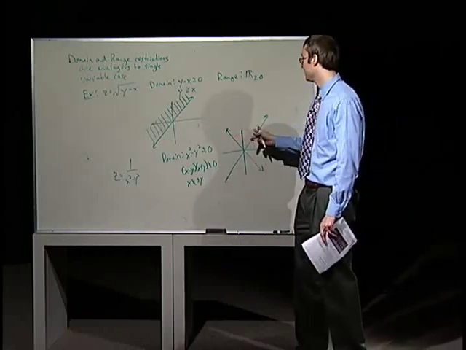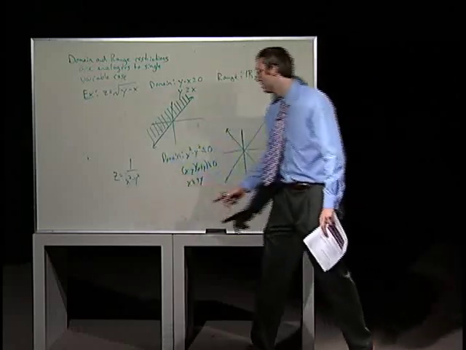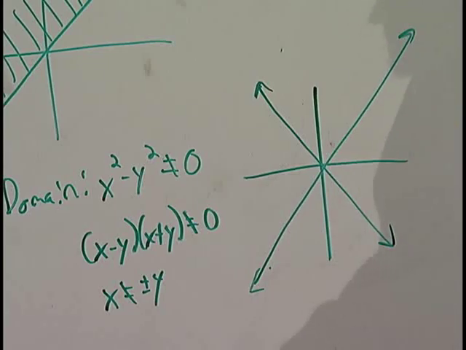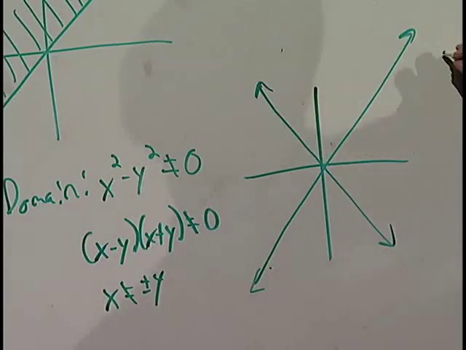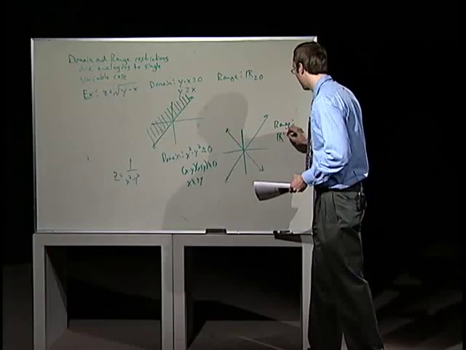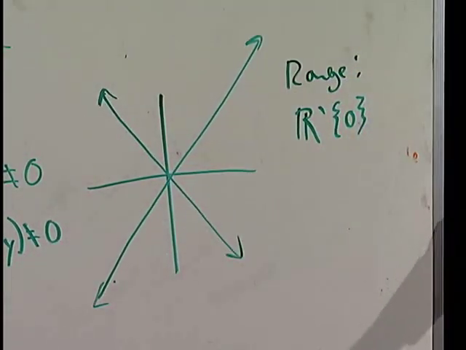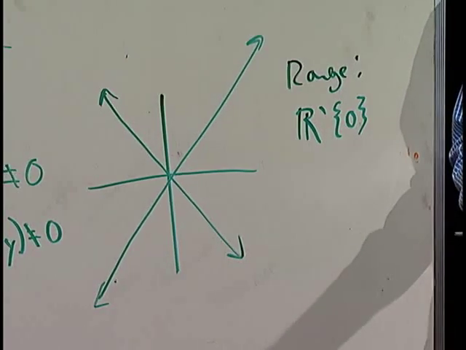Every point that doesn't lie on one of these two lines is a valid point to plug in. And the range here ends up being r delete 0. You can't have 0 over there. 1 divided by anything can't be 0. All other points are going to be okay.